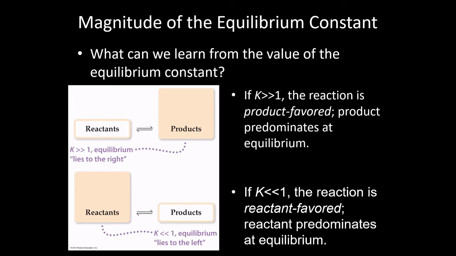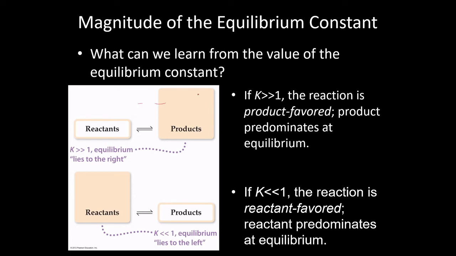If you're given the equilibrium constant, and you notice that it is much, much greater than 1, and you'll never have any equilibrium constant smaller than 0, so if you have something that's much, much larger than 1, what that's telling you is that your equilibrium, the point where the forward and reverse reactions are equal to each other, highly favors having products.